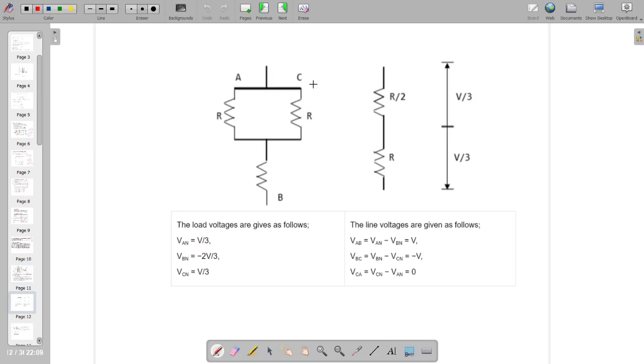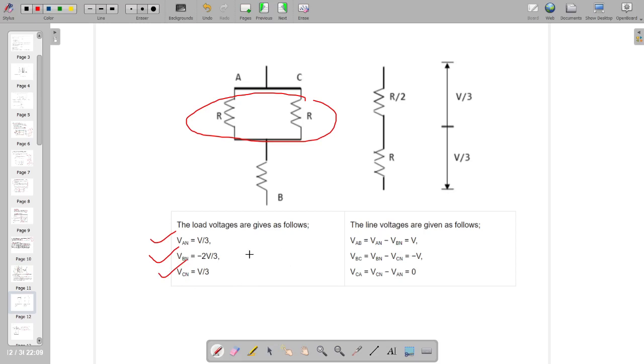In the first period, this is the load arrangement with A and C connected like this. This combination comes as R by 2 in series with R. So V by 3 and V by 3 appear as the voltage across the load. In the first case, Van is equal to V by 3, Vbn is equal to minus 2V by 3, Vcn is equal to V by 3.